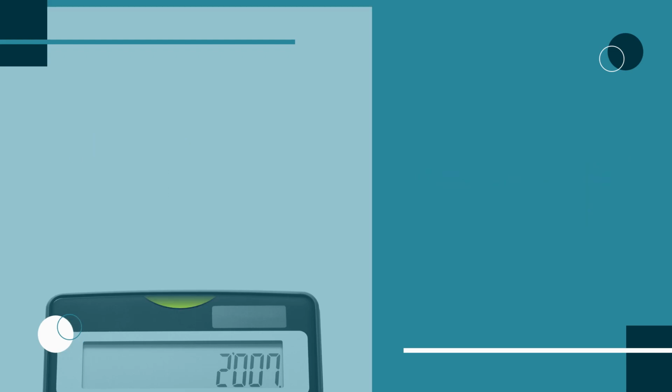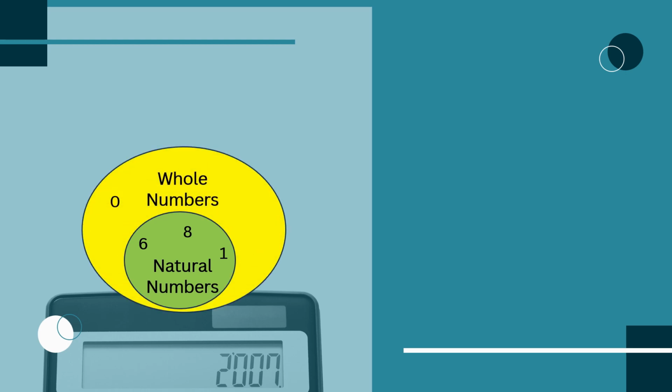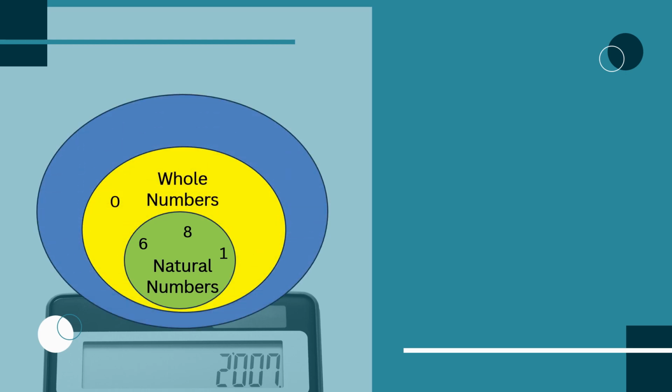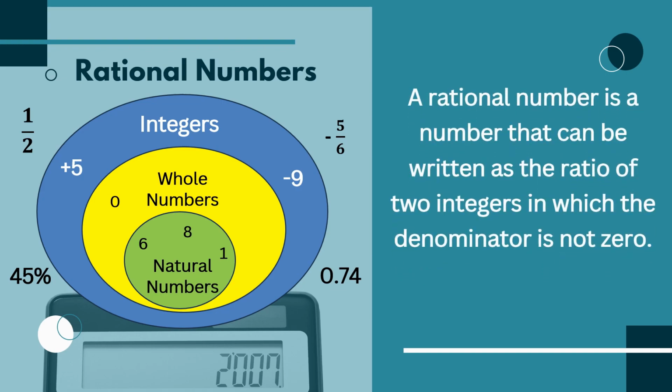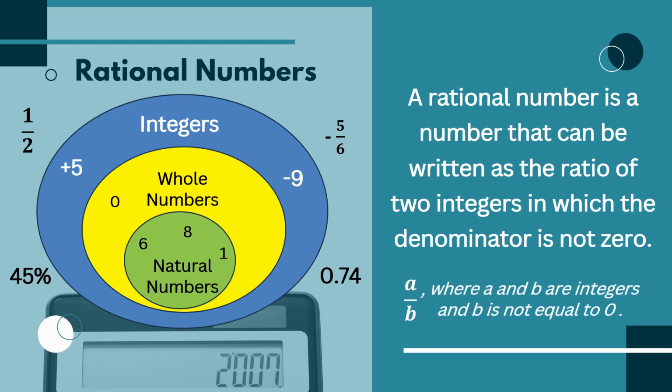So the natural numbers or counting numbers, together with the whole numbers as well as the integers, make up the rational numbers. A rational number is a number that can be written as a ratio of two integers in which the denominator is not 0: a over b, where a and b are integers and b is not equal to 0.